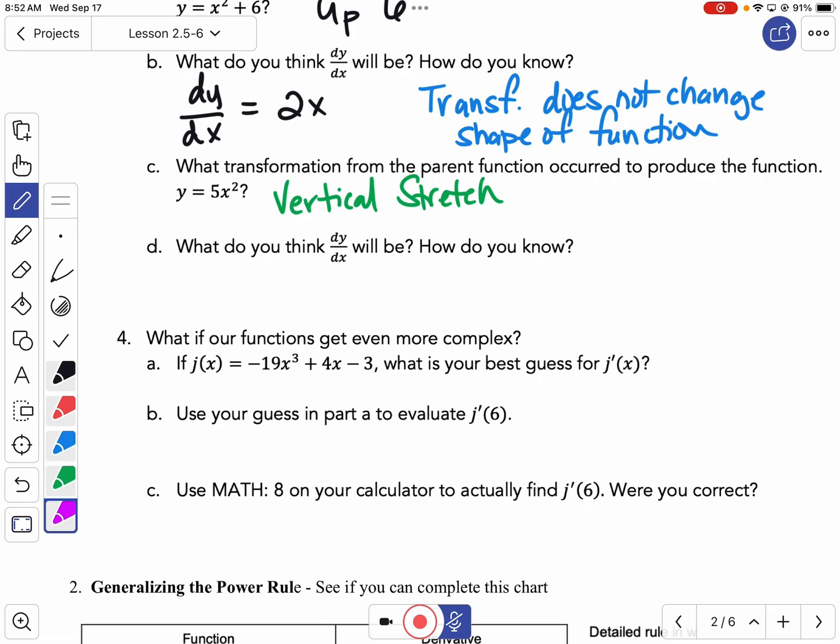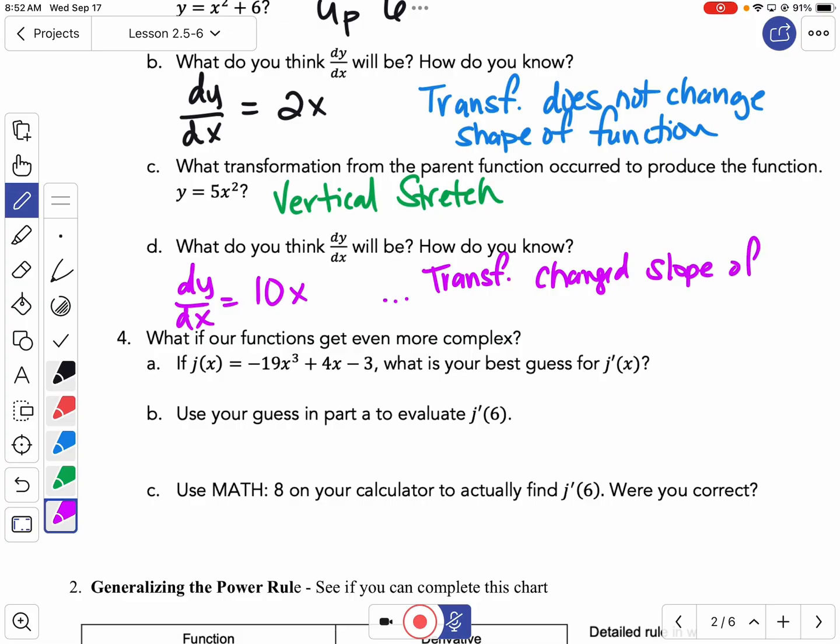Well, if that's the case, what's dy dx going to be? 10x. Okay, so using our pattern that we had a few minutes ago, it changes that derivative a little bit. It changed the slope of the derivative, right? So the transformation changed the slope of our curve.